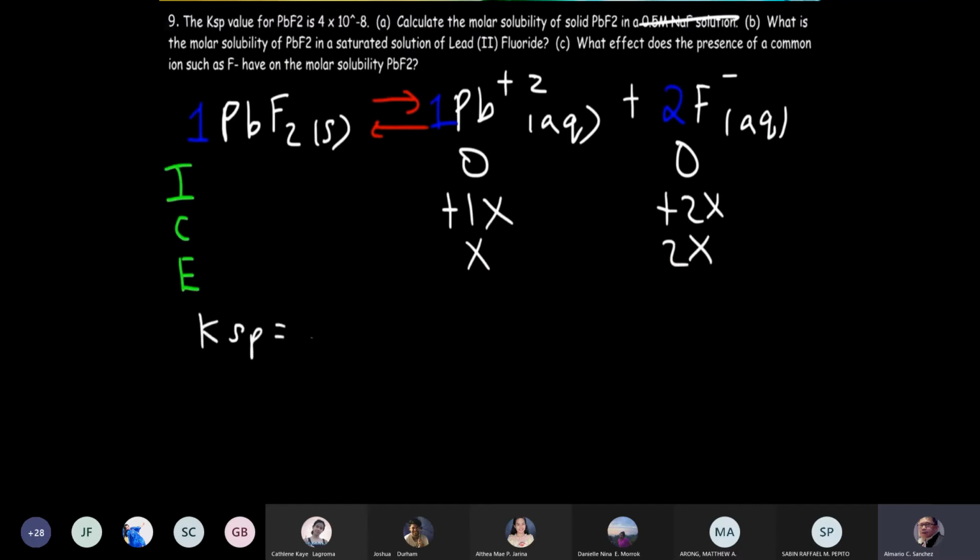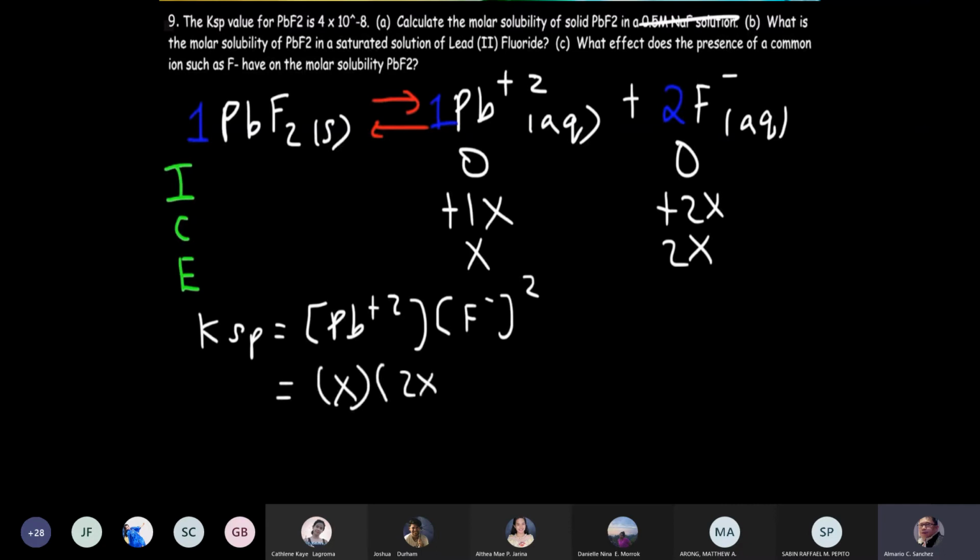So the KSP expression is still going to be Pb plus 2 times the concentration of fluoride squared. In this case, lead is still x, but fluoride is simply 2x. There's no 0.5 in this example. But KSP is still going to be 4 times 10 to the minus 8.